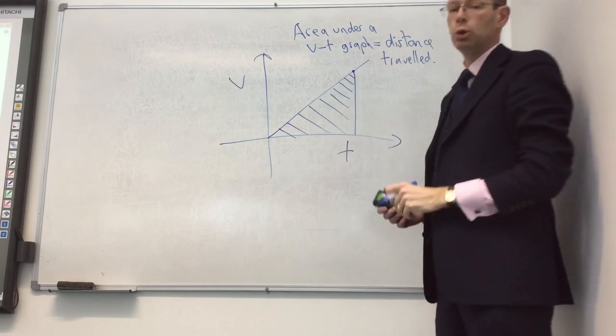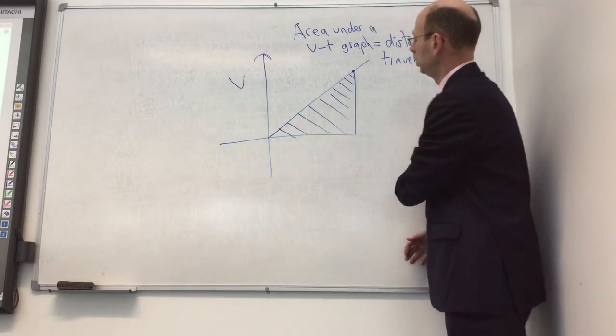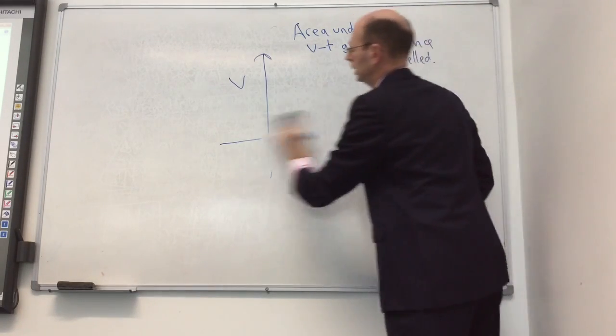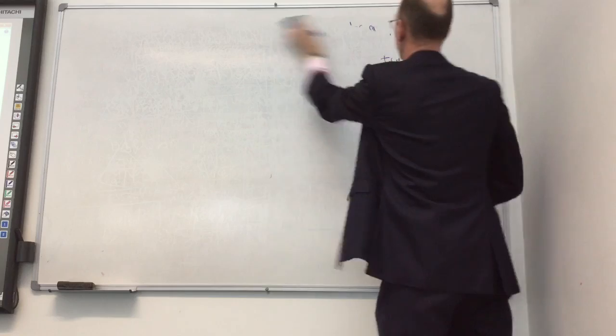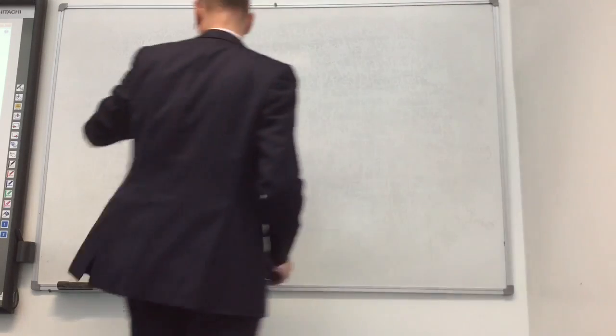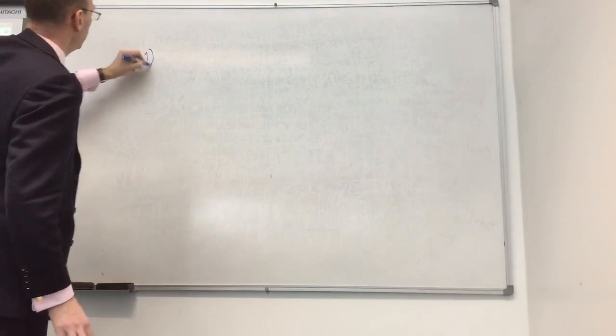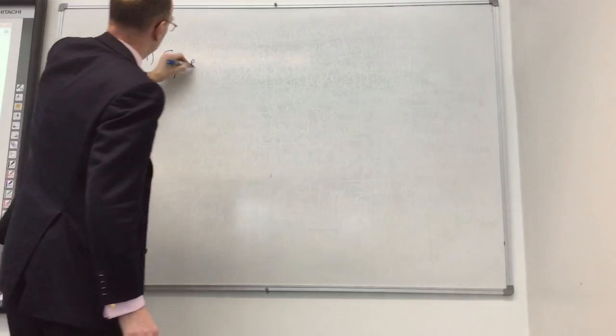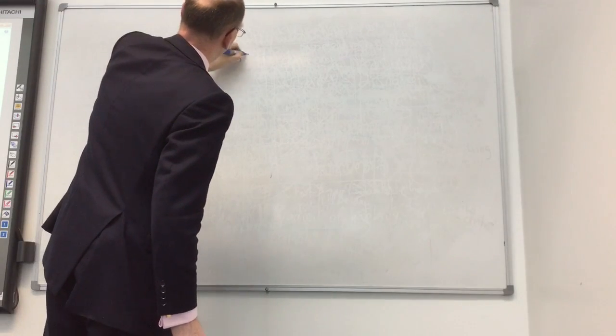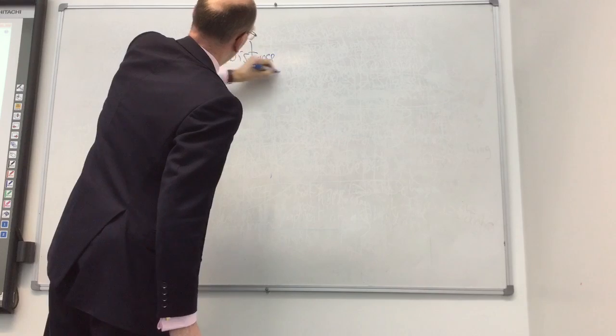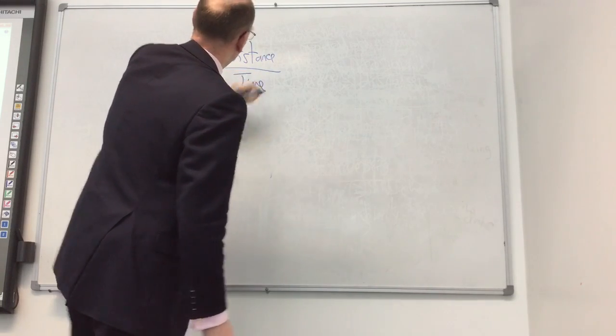Okay? And that's pretty much all you need to know about motion time graphs. So let's quick recap of those basic facts. Number one, speed equals distance travelled divided by time taken.